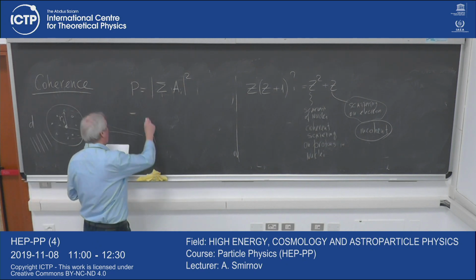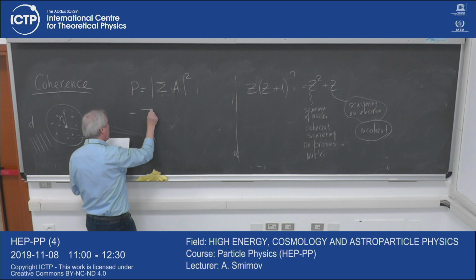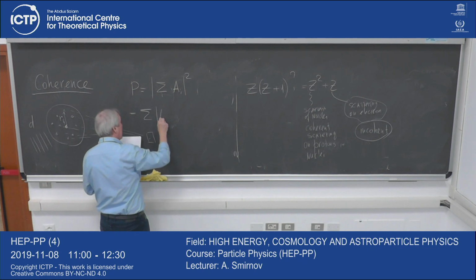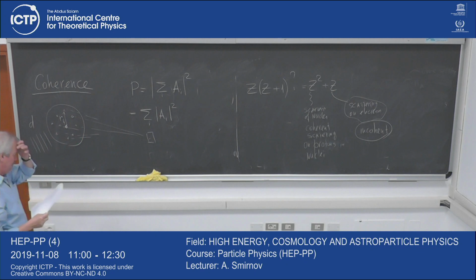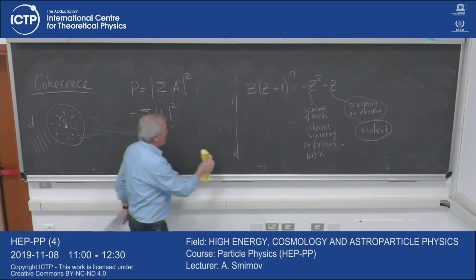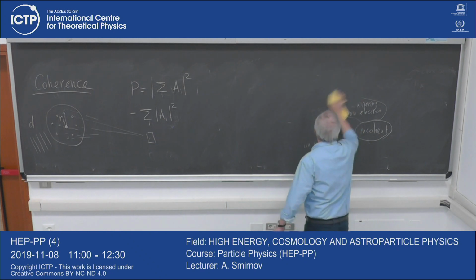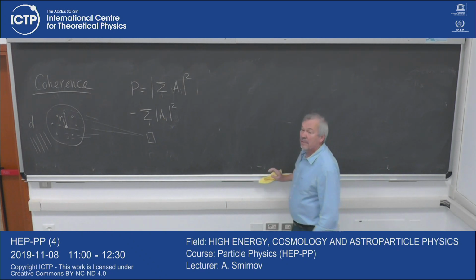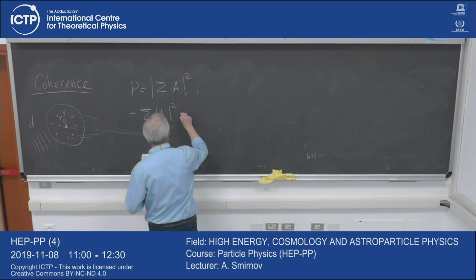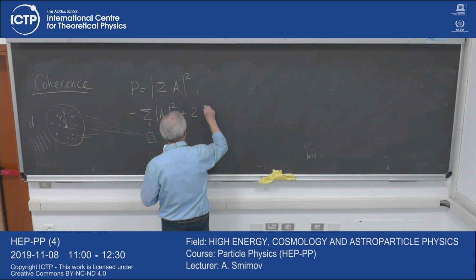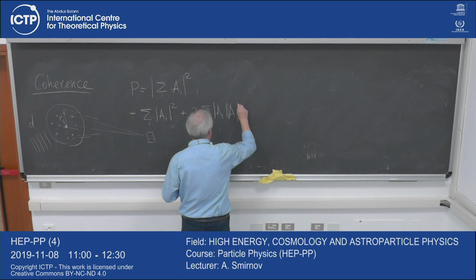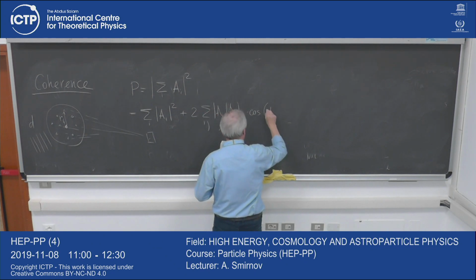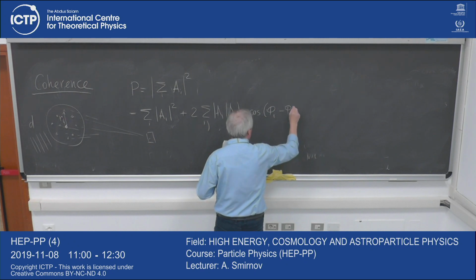So how is it written? Let us open the sum, and it's given by the modulus square of each of these amplitudes, plus what we call interference between different amplitudes, plus 2, that's sum over ij, f_i minus f_j.